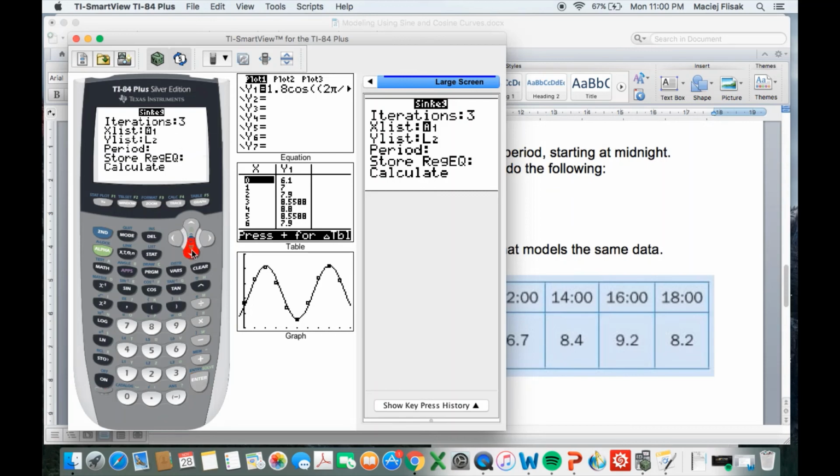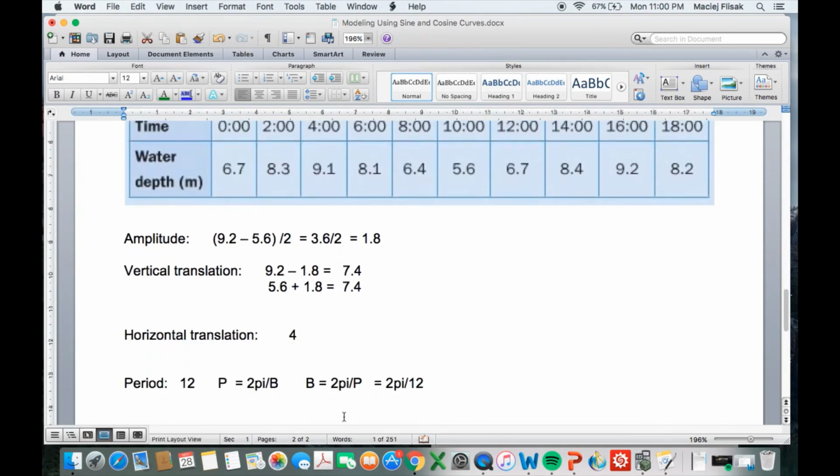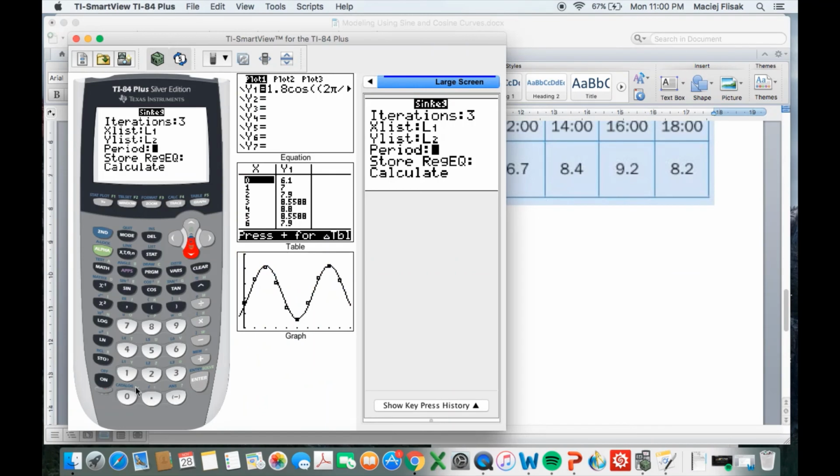List, it's going to take the data from list 1 and list 2, that's perfect. The period, what is the period of ours? The period was 12. Okay, so I'm going to put 12 in here as our period. And store the regression. Once it creates the equation, we want it to store it. We don't want to have to write it down.